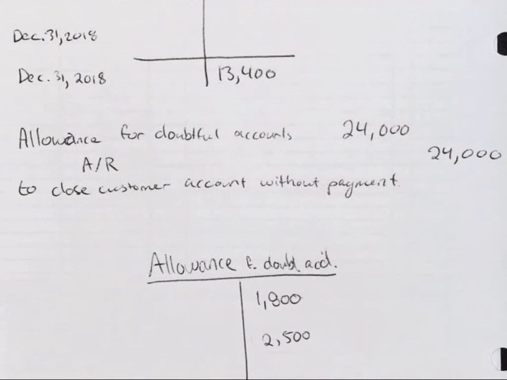So that would be our journal entry. Our accounts receivable for those specific customers will go down to 0 because we don't expect to receive anything. And we offset it with allowance for doubtful accounts. We've already expensed it. We don't have to worry about expensing it. It won't affect our income statement because we've already done our expense in the period that we made the sale. We'll just go against the contra asset account.